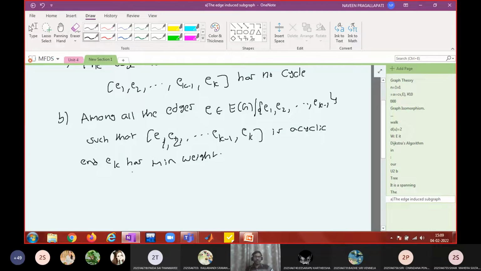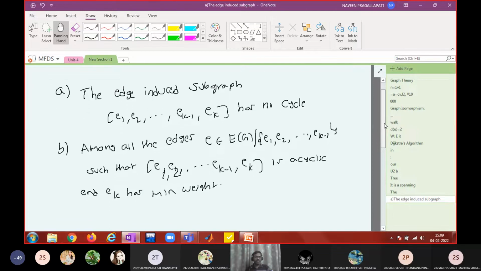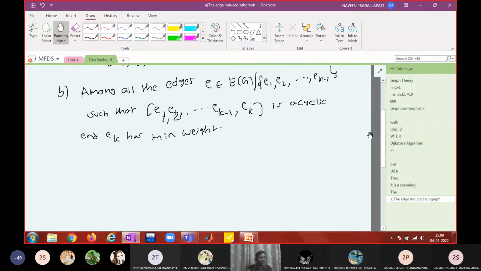Whatever the edge you are selecting from the rest of the edges, after selecting K minus 1 edges, remaining edges are there in this set. You select an edge of minimum cost so that this becomes acyclic. Then what is step 3?